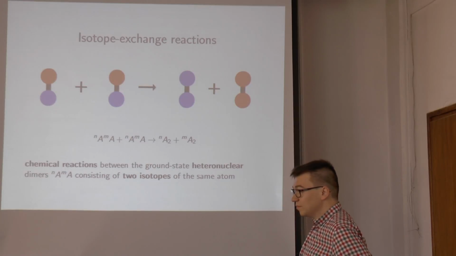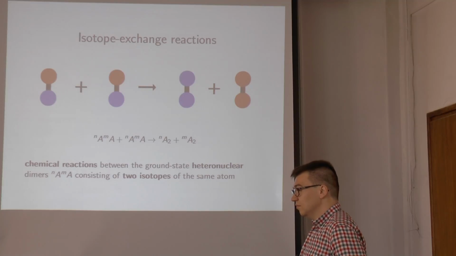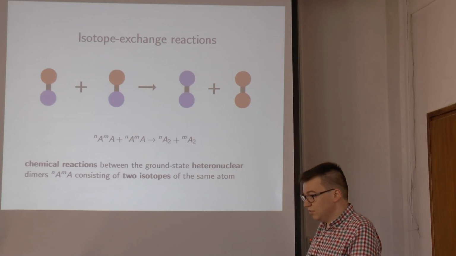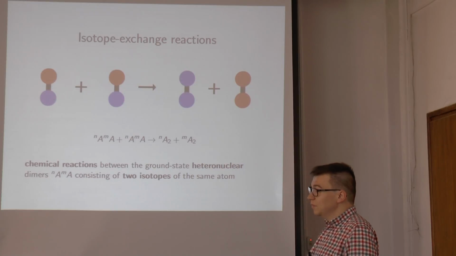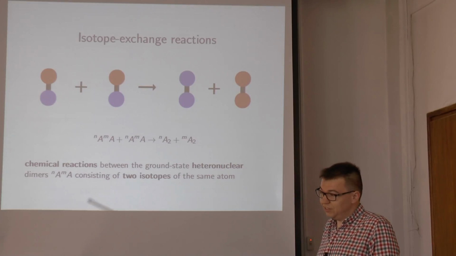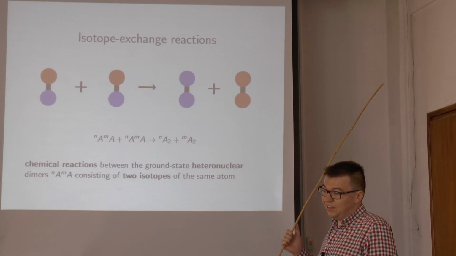Since I'm not a chemist, is it very difficult to manufacture these different molecules? Yes, the idea to produce them would be the same as with other alkali dimer molecules.